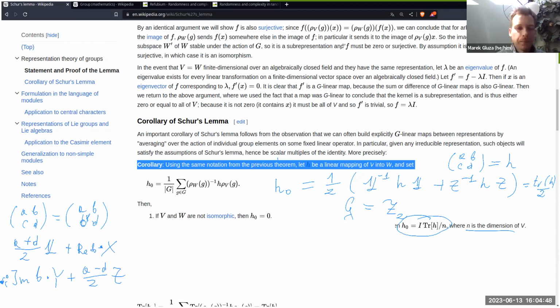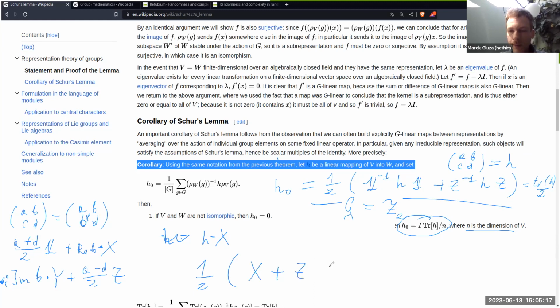So, okay, let me consider H, so you see that here this is a linear transformation. So let's consider H equals X. What happens in this case? A special case of assigning A, B, C, D in such a way that H is equal to X. I will consider 1/2 of identity minus 1 times H. This is just this matrix X plus Z minus 1 is Z. You can check Z, X, Z. Okay.